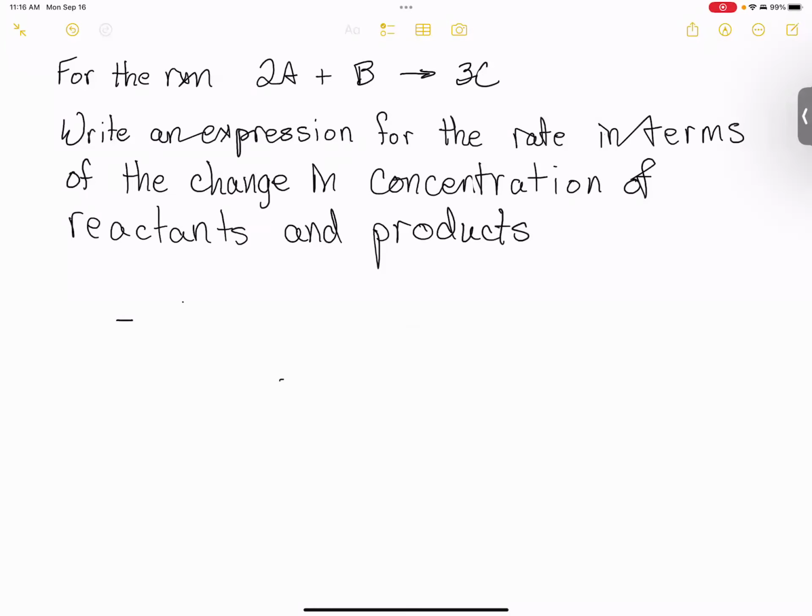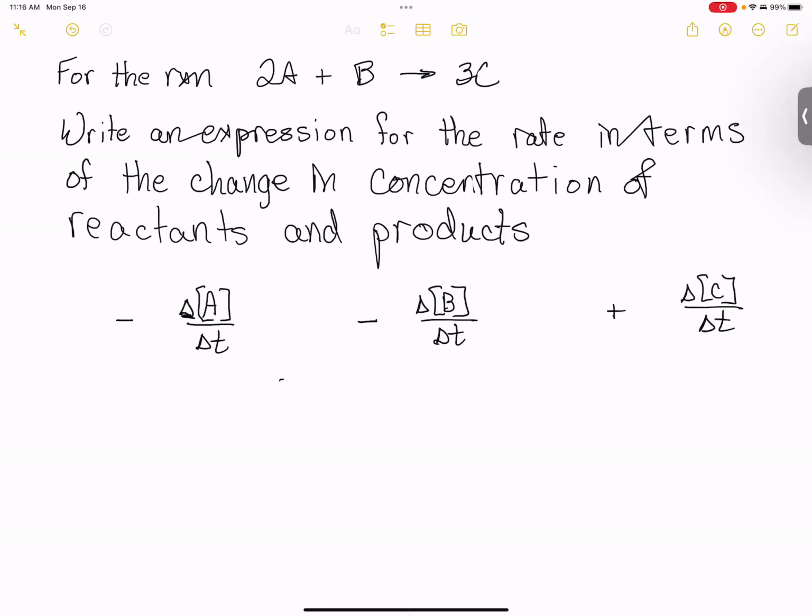And so for our reactant A, the loss would be in terms of the change in concentration of A versus a change in time. For B, it would be the change in concentration of B versus a change in time. And for C, it would be a positive change in C versus a change in time.